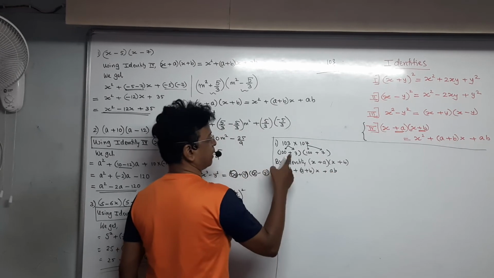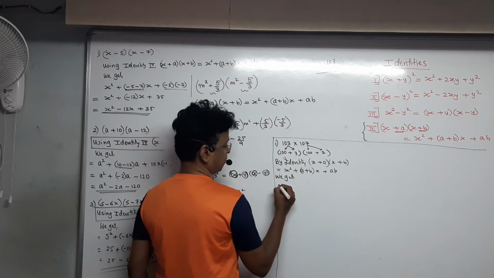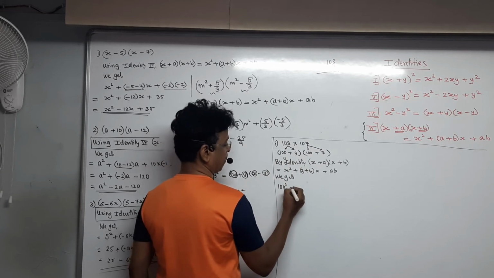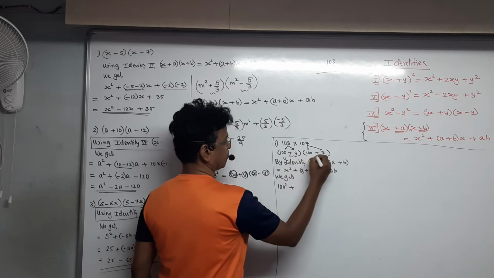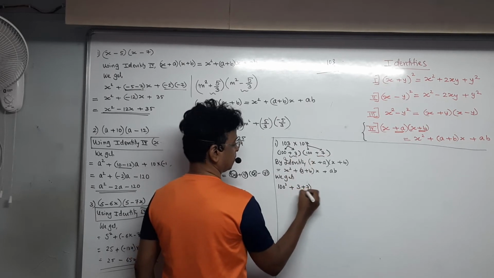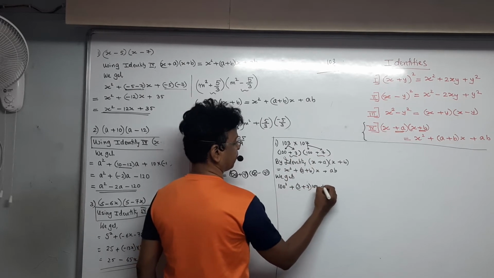What do we get if I apply it over here? 100 square plus (3 plus 7) into 100 plus 3 multiplied by 7.